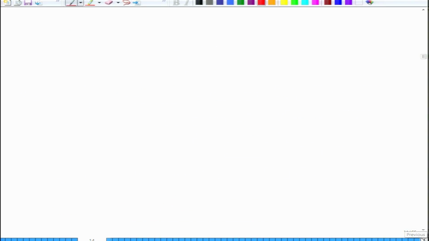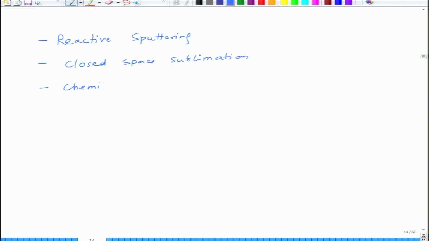There are other processes one can use, which I am not going to go into details. So one can use reactive sputtering. Just like co-evaporation, you can do reactive sputtering. One can do closed space sublimation, which is a close cousin of evaporation. Then one can do chemical bath deposition by using appropriate starting materials.